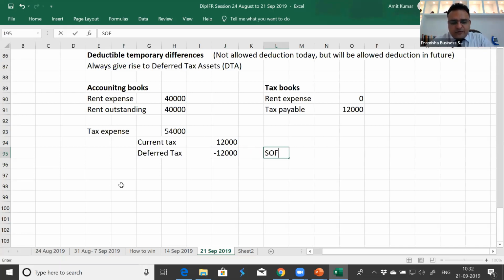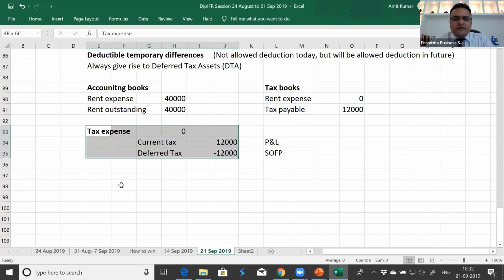This will go into the statement of financial position. This will go as part of your P&L. So your tax expense is a combination of the two. In your P&L, you'll show these two amounts and you'll show zero tax expense for this item. Because there is no tax expense according to you.